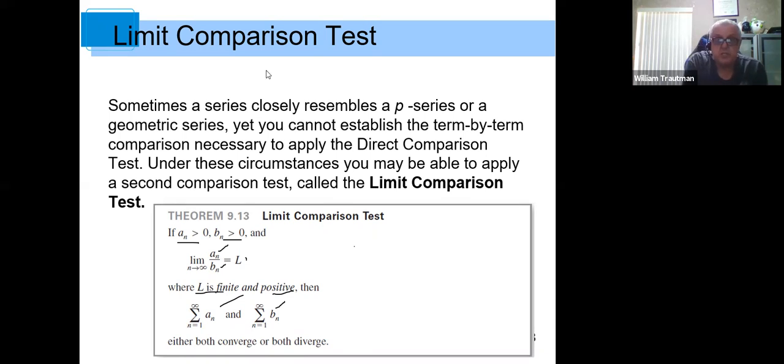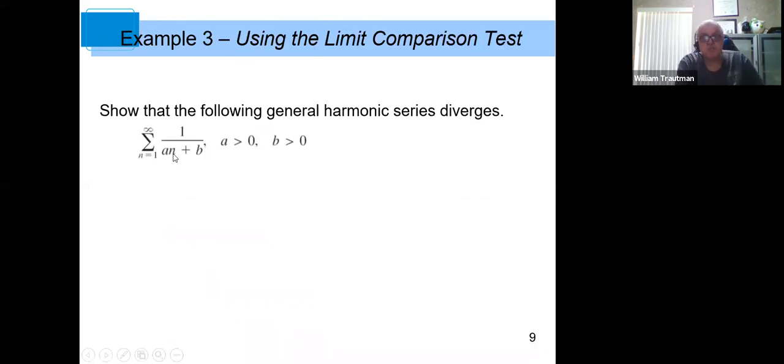So that's all we need to know. If you divide the two and find a limit, then they both either converge or diverge. So let's see what that means.